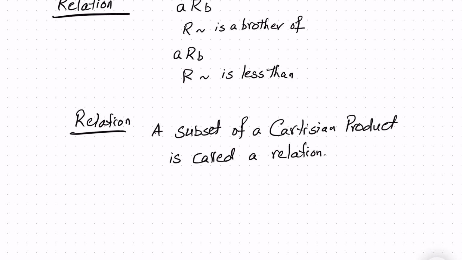So someone says, I want to understand a function. The definition says a function is a relation. And you say, I don't know what a relation is. So you see the definition of a relation, and it says that any subset of a Cartesian product is a relation.